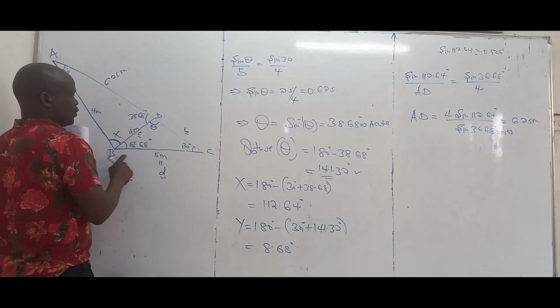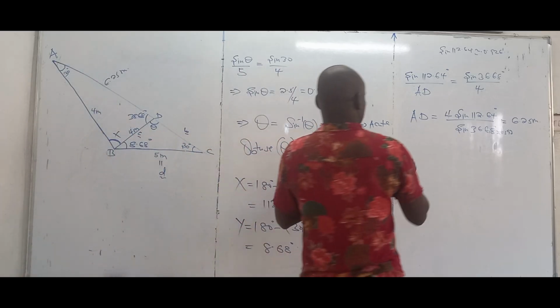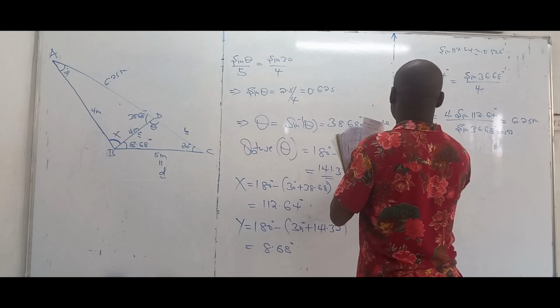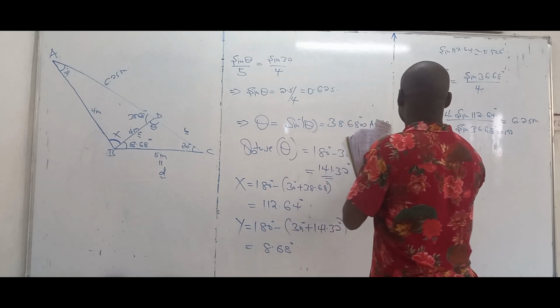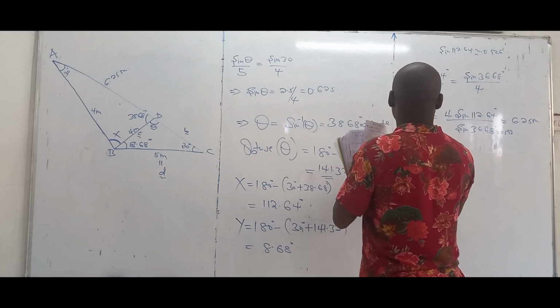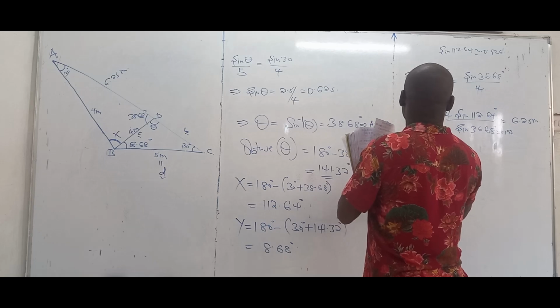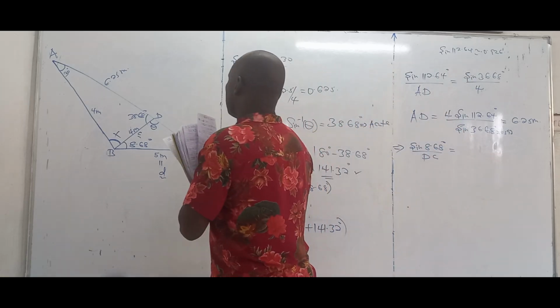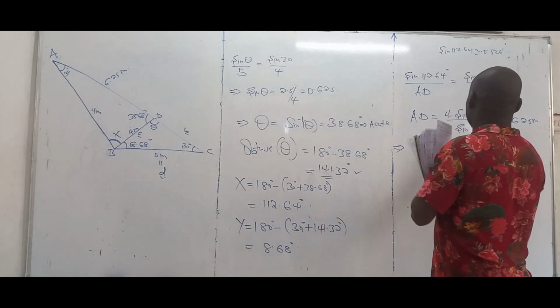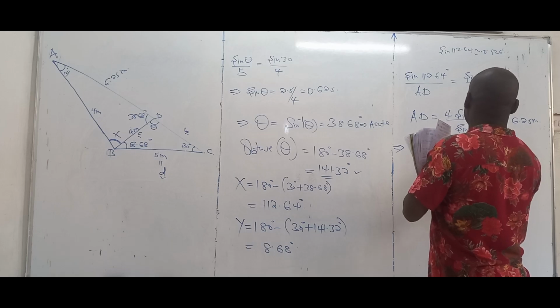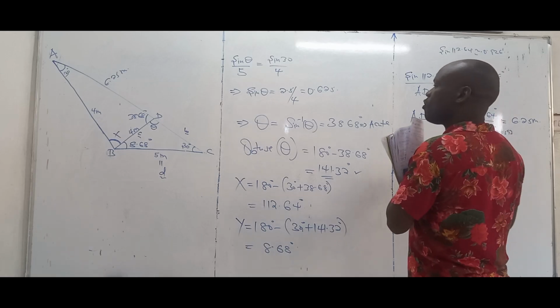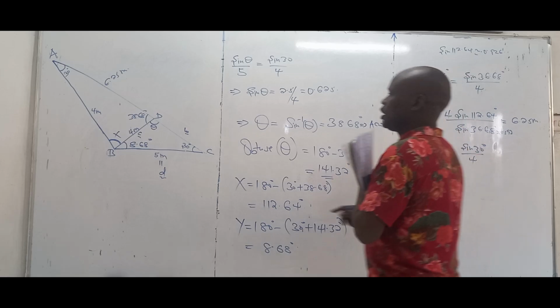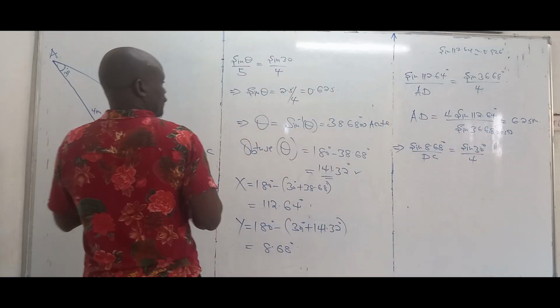8.68 degrees. So if I want DC, then I will say that sin of 8.68 degrees over DC should be equal to sin of 30 over 4. Now that is this, sin of 30 over 4.